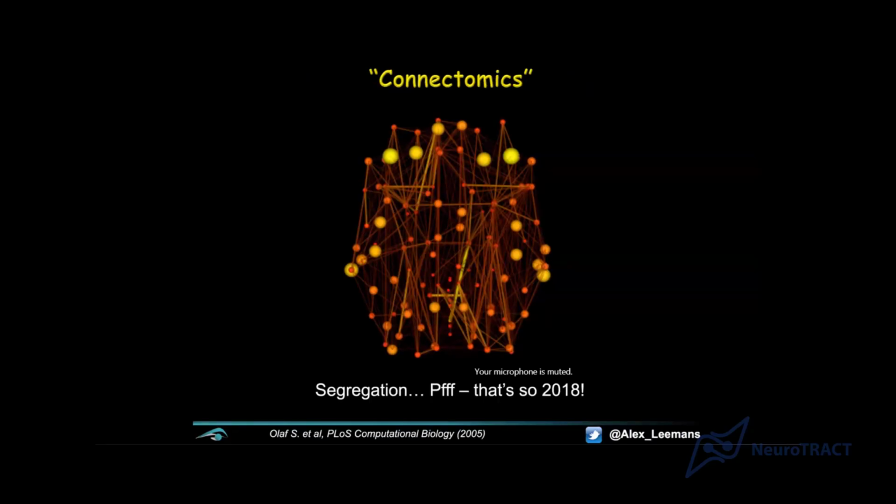The funny quote that goes along is: segregation, 2018. Now we're looking at integration, how different regions of the brain work together, and how network topology and properties of this network drive cognition or have an effect on specific pathology, etc. So this is the fashion nowadays, to look into this connectomics approach.